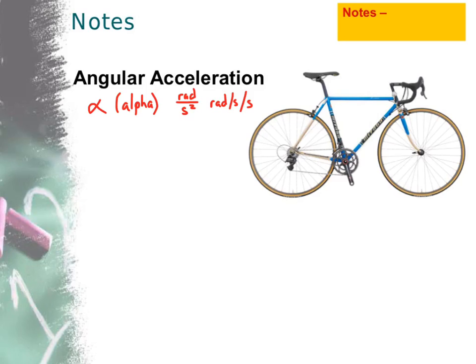Sometimes you can measure it in degrees per second squared. Okay. But usually we prefer to use radians, because sometimes there are formulas that only work when your angle is measured in radians.